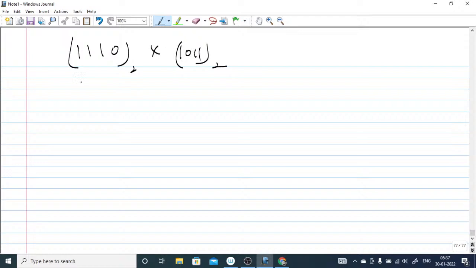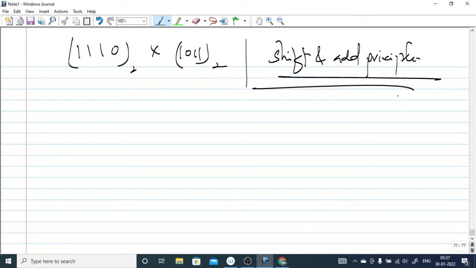So you have to follow the shift and add principle, right? Multiplication using the shift and add principle you can do. So just multiply this: this is 1 here, so as it is, 1110, right?